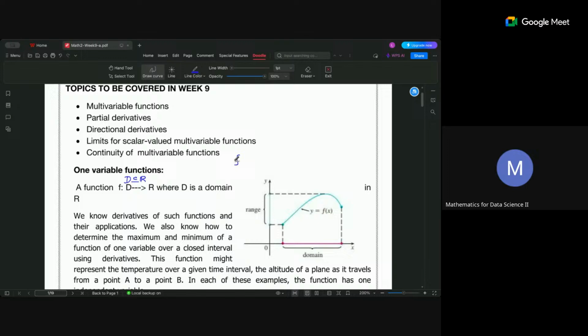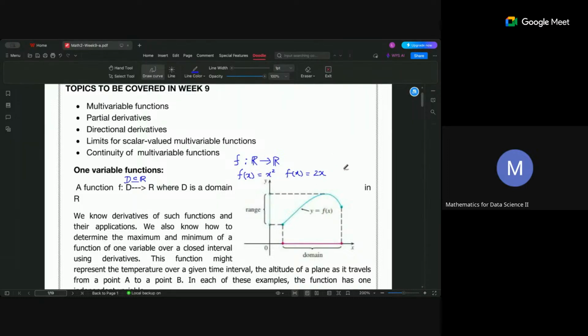For example, suppose you are having f from R to R. So f of x is equal to x square, f of x is equal to 2x. So this kind of functions, you see that it can have the entire R, it is defined.